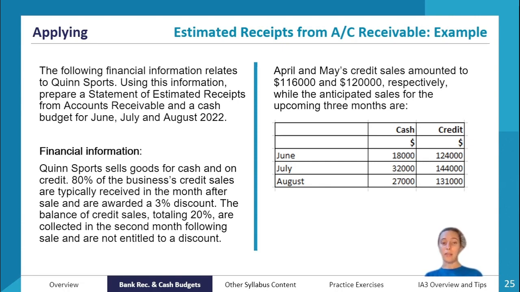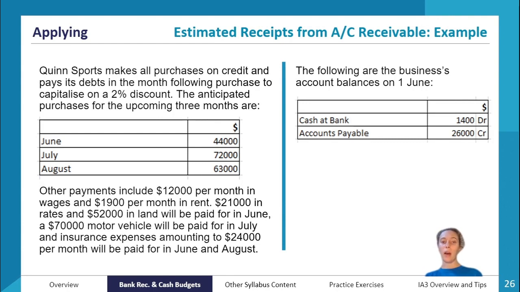Okay, so what's next? Next up, we have got a little bit of information about our anticipated purchases. So the business makes all purchases on credit and pays its debts in the month following purchase to capitalize on a 2% discount.